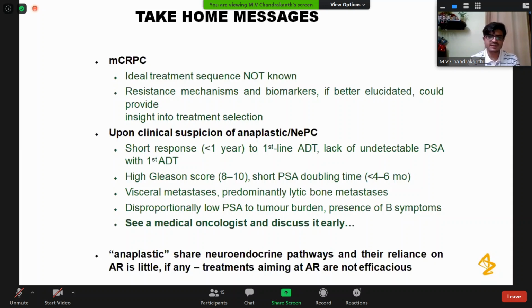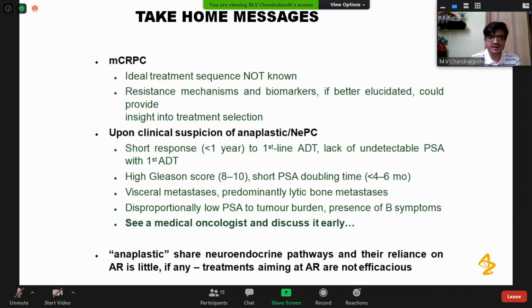Fourthly, if a patient has progressed on docetaxel within 6 months, in the CRPC setting or in the HSPC setting, then it is a high grade disease, and there is no point exposing these patients to hormonotherapy. So we have to use cabazitaxel in the subsequent line.